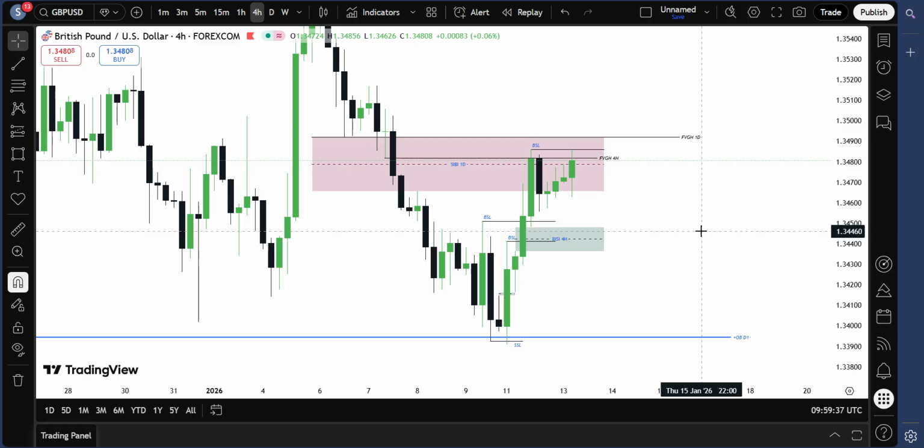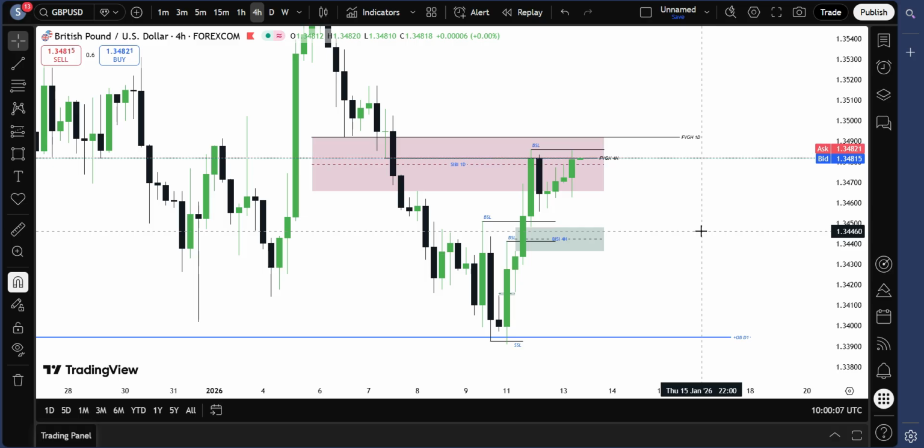And if it takes out sell side liquidity, we should look for internal range in premium and vice versa. If it's such that it fails internal range in premium, we should look for external range in discount. If it fails internal range in discount, we should look for external range in premium.